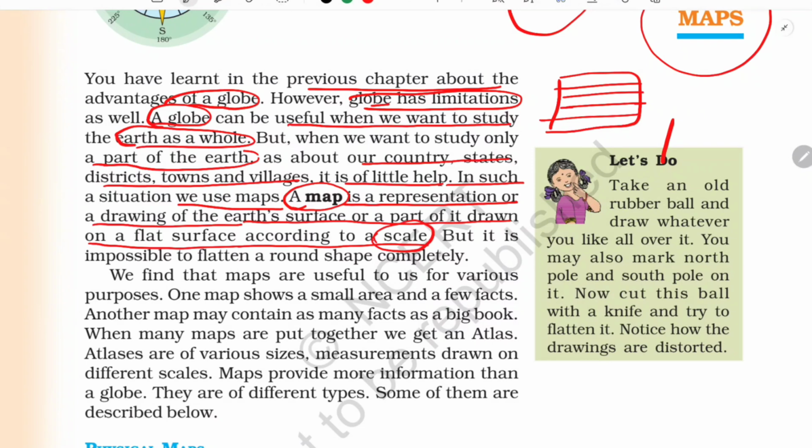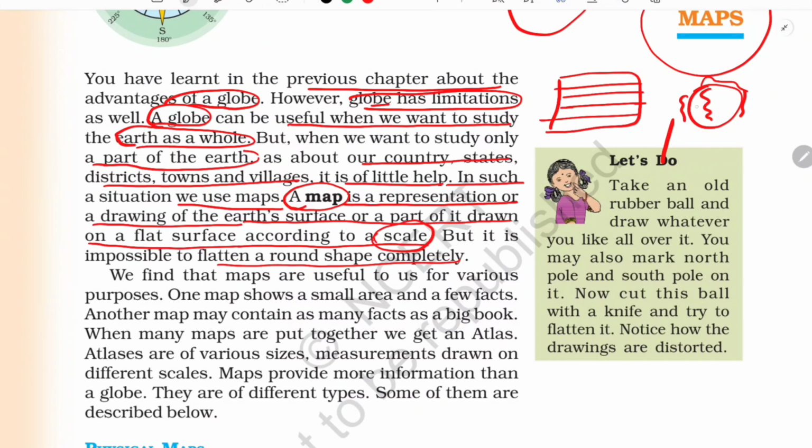On a flat surface, but it is impossible to flatten a round shape completely. See, our earth is round, so it is not possible. Some countries are over here, and on the sides also there are countries, and on the back side also there are countries.